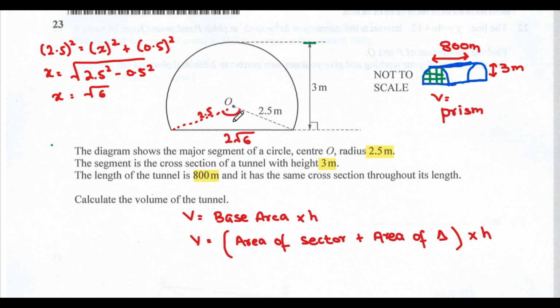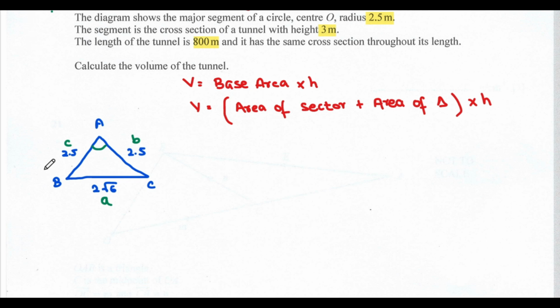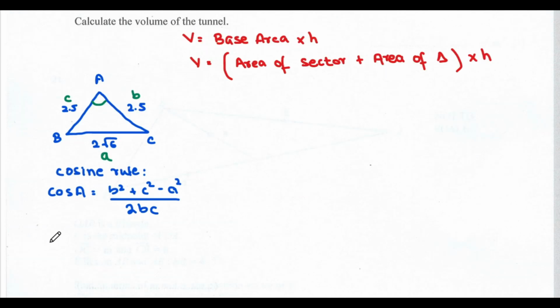Now, how can I get this angle of this triangle? Because this angle can help me get the area. I have three known sides of the triangle, and I'm naming these sides A, B, C to make it easier. If three sides are known and you want to calculate an angle, you can use the cosine rule. To get angle A, cos A equals B squared plus C squared minus A squared over 2BC.